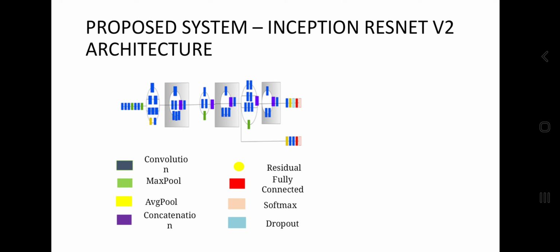What is overfitting? The model starts memorizing things instead of learning, that is, the testing errors are more. By using this architecture, the overfitting problem will be reduced to a great extent. Also, it reduces the number of parameters, that is, the data will be less, and computational resources also will be less.